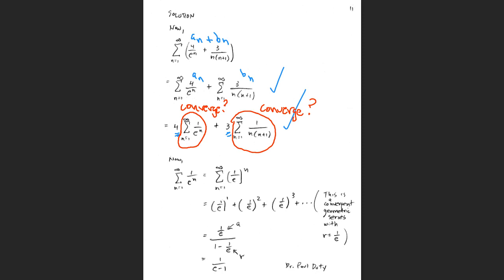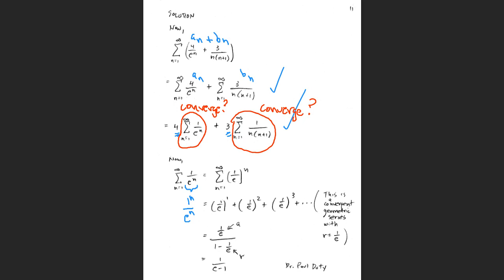But you know, the first series is actually a series that you're familiar with. It's a convergent geometric series, because 1 over e to the n can be thought of as 1 to the nth over e to the nth.